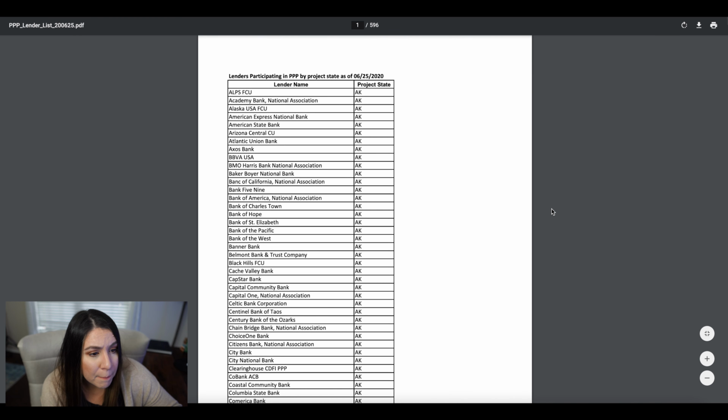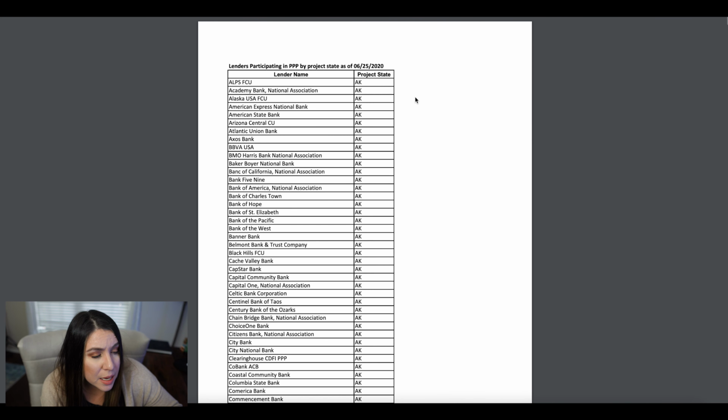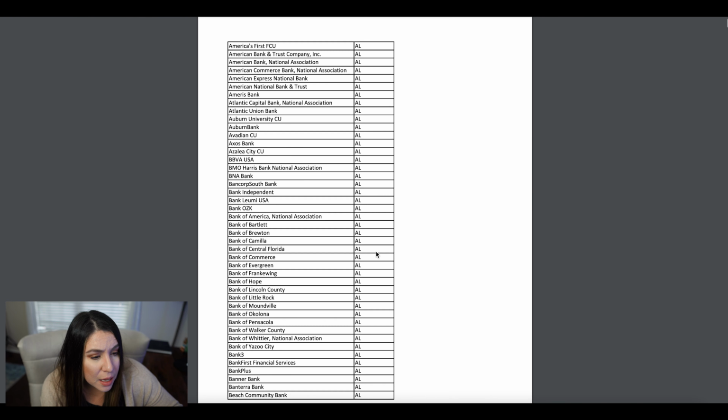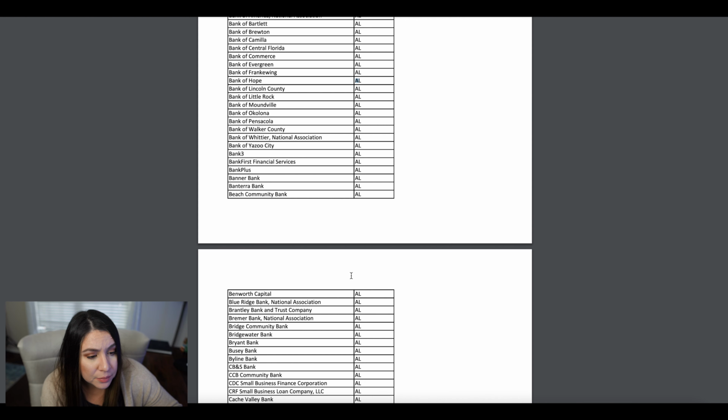And once it loads, it looks like it's by state, and you can find the participating banks.